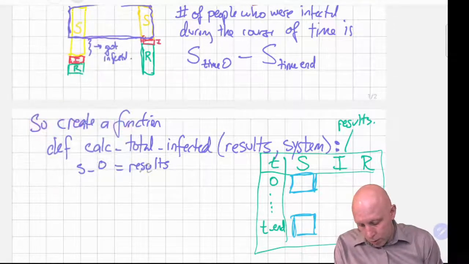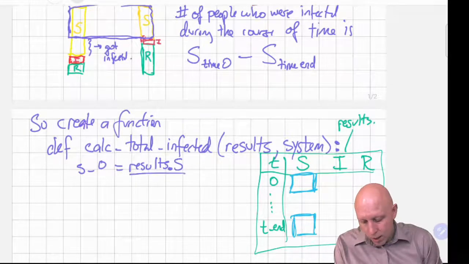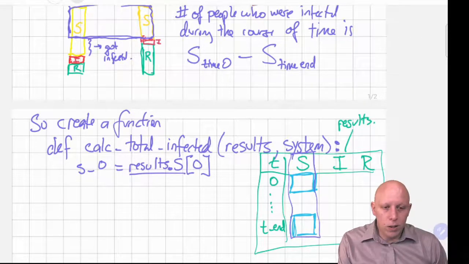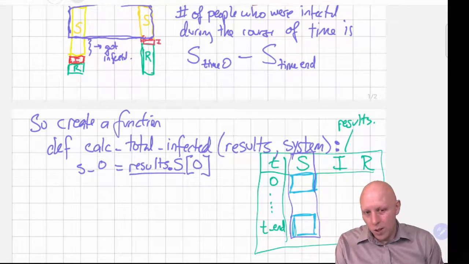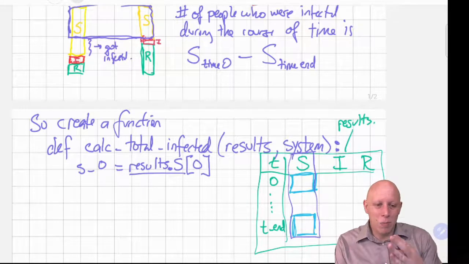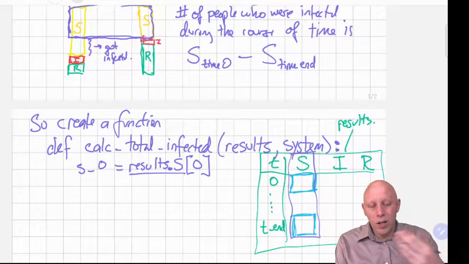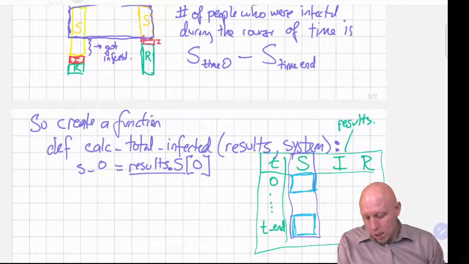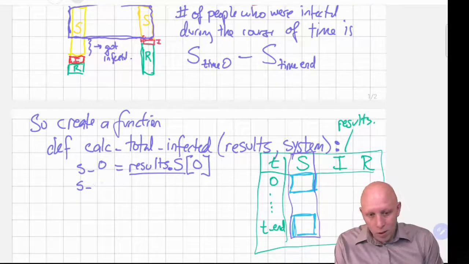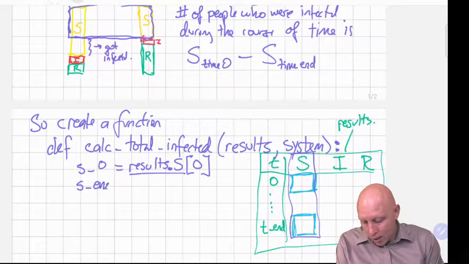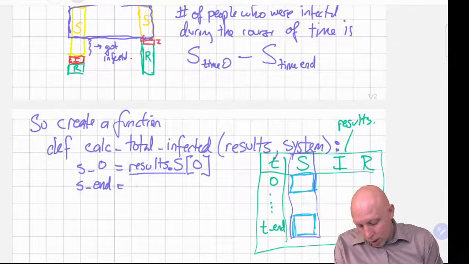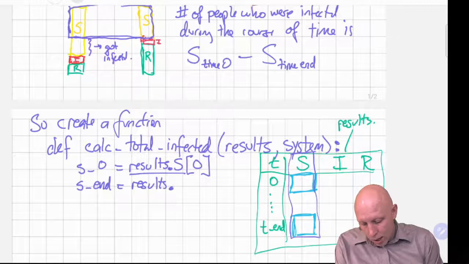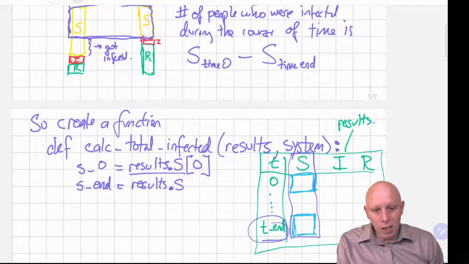We need to do results.s, which gives us this column. This is results.s, and then we want the first value. So this is time 0. If you're dealing with a simulation where you aren't starting at time equals 0 and instead of t0, you'd have to tell us what the t0 was here. Then we can talk about s end, and that's going to be results.s at this end time.